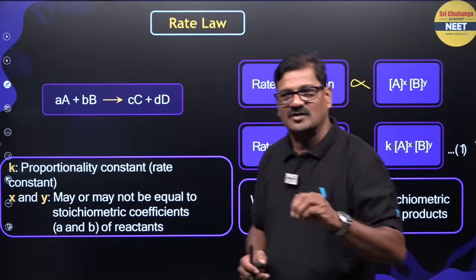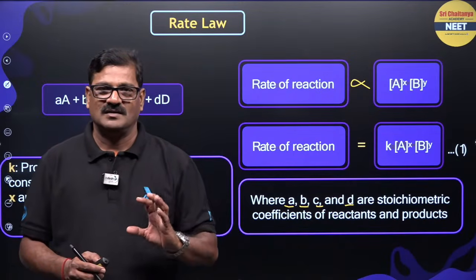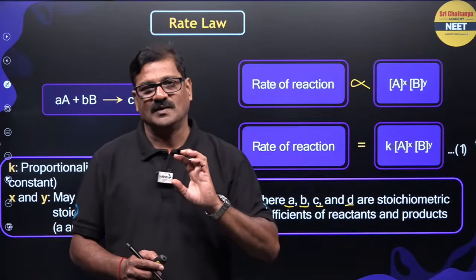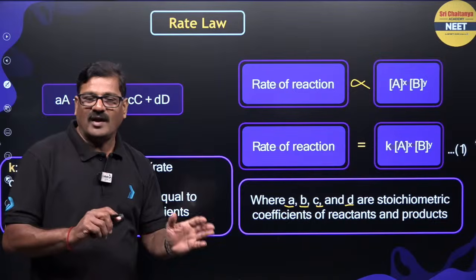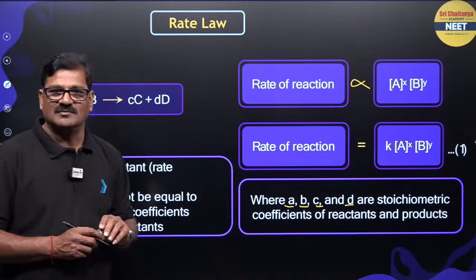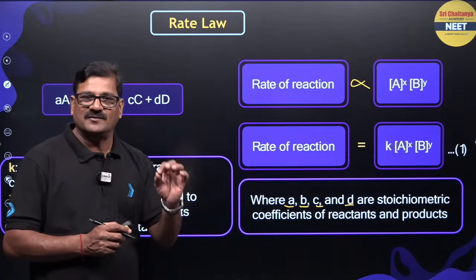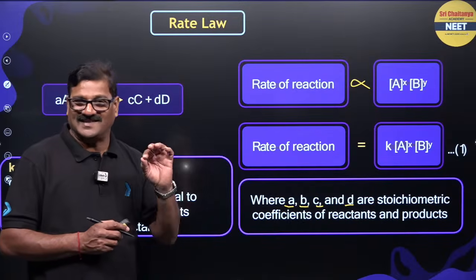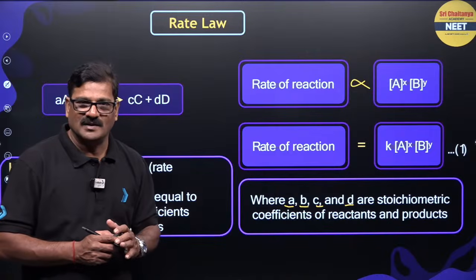If you use this stoichiometric coefficient directly into the rate law, it is wrong. So, here x and y may or may not be equal to small a and small b. Most of the cases it may be equal, but x is not exactly equal to a, y is not exactly equal to b.